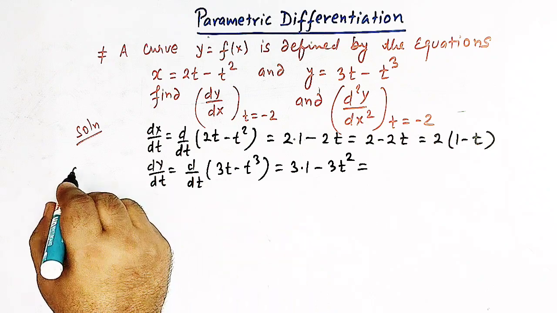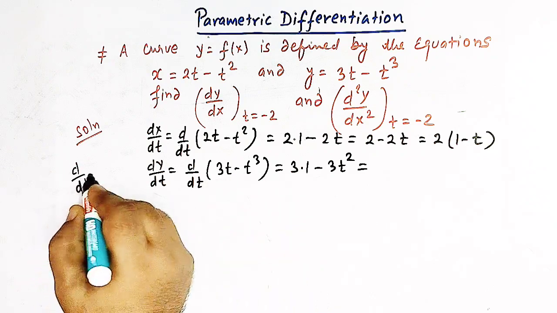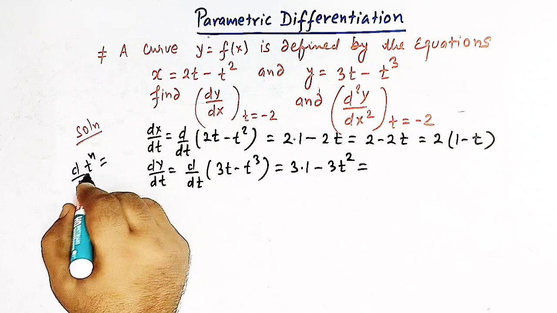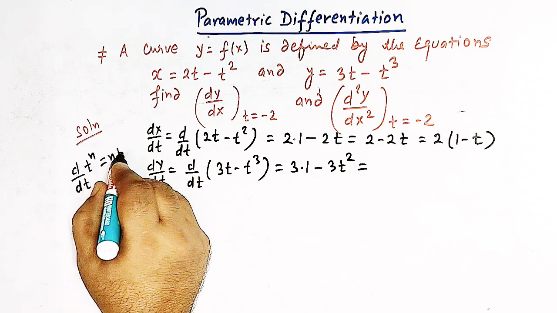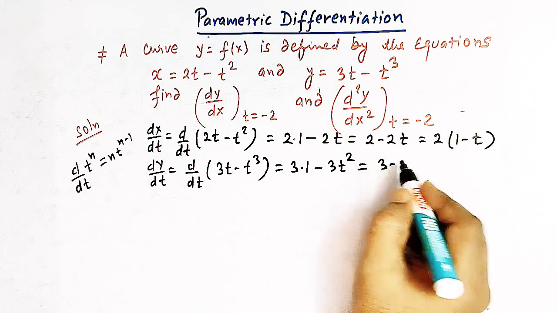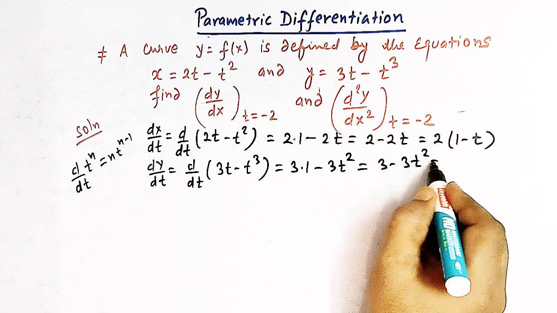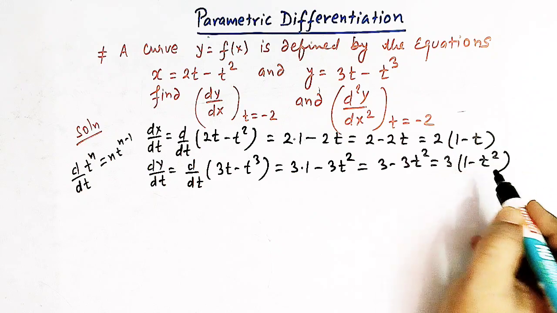So here we have used this result, that is the power rule, that is the derivative of t raised to n with respect to t is n times t raised to n minus 1. So here we have 3 minus 3t square, and taking 3 common, we have 1 minus t square.